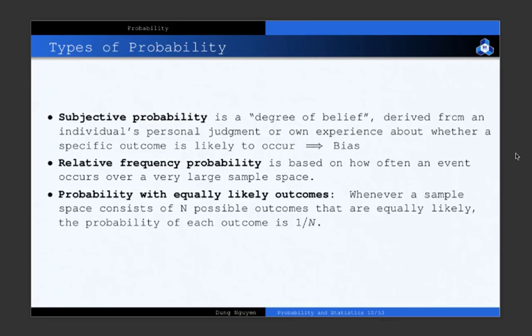It seems right, but in reality, there are many cases in which we don't have that assumption. For example, you take this course and you can pass the course or you can fail the course. And obviously, we don't expect that the chance to pass the course is exactly 50%, right?